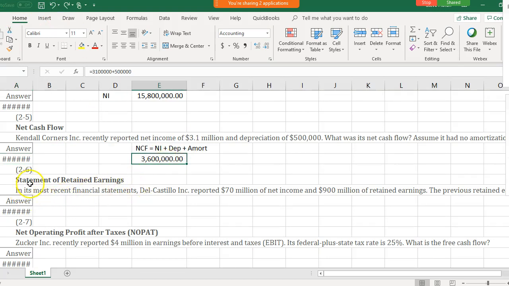The next one is the statement of retained earnings. And this one requires that you kind of remember a little bit about accounting again. And we have to kind of remember what makes retained earnings go up. So remember, for a corporation, you have what they call retained earnings. And that's exactly what that means. Think about what the words retained and earnings mean together, right? So it's the net income that I keep.